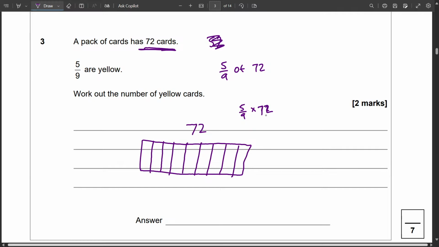We're cutting 72 into 9 equal parts. So if you cut 72 into 9 equal parts, what do you get? 72 divided by 9. How many times does 9 go into 72? The answer is 8. So each ninth is 8.